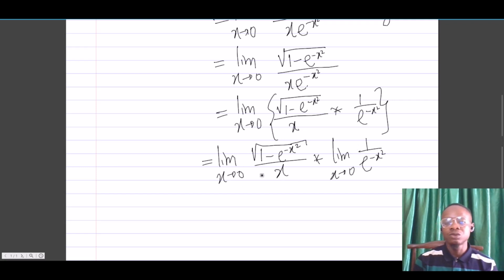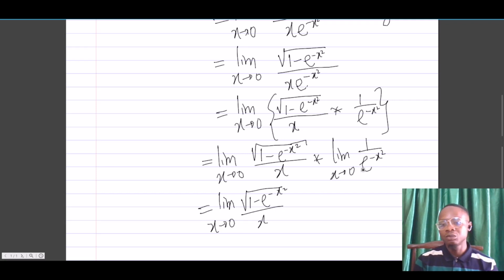And of course, we don't know what this is yet, so let us write it out: the limit of root of 1 minus e to the power minus x squared, and divided by x as x approaches 0.